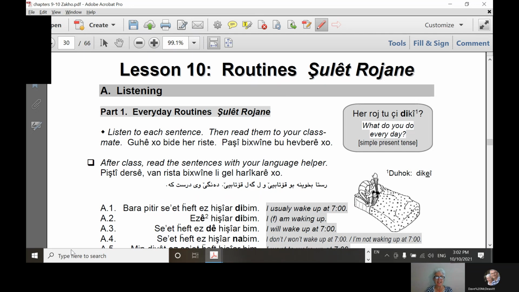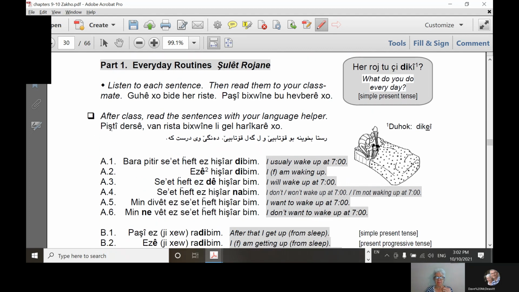All right, so we're going to look at lesson 10. And in this lesson, we introduce present tense, such as wake up, and present continuous, such as am waking up, or future, such as will wake up.